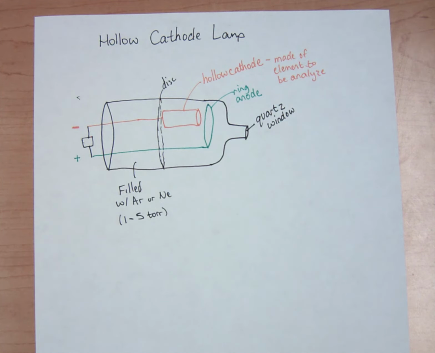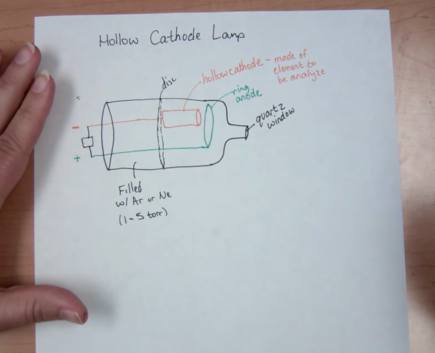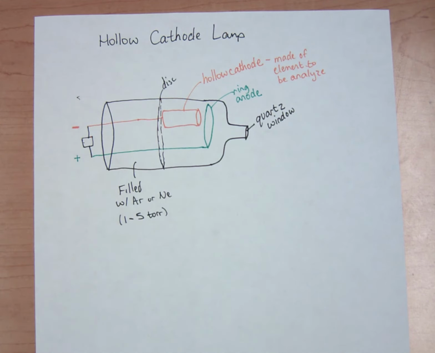And just like we would do with exciting anything in the gas phase in the flame or in the plasma, with the free electrons and those collisions, we do basically the same thing here. The high energy electrons collide with our gas phase elements that have been sputtered off of the cathode, and now we have our excited atoms.